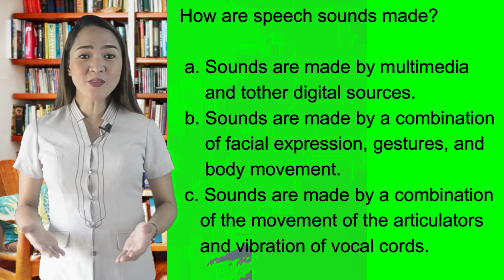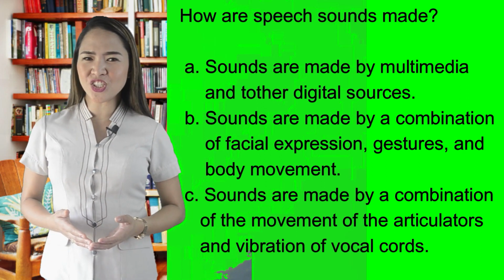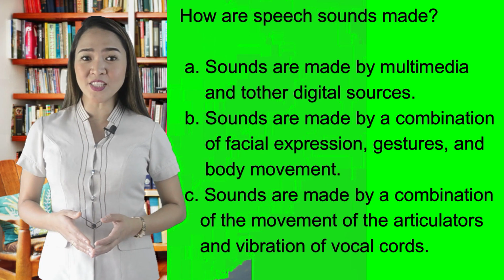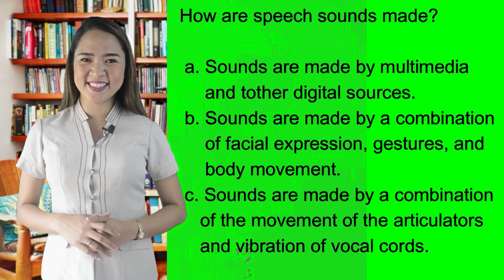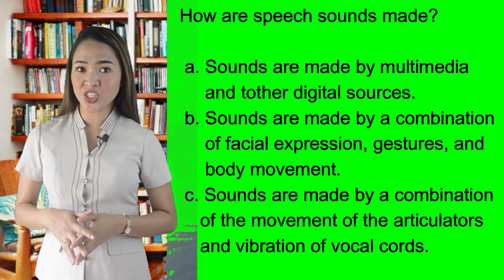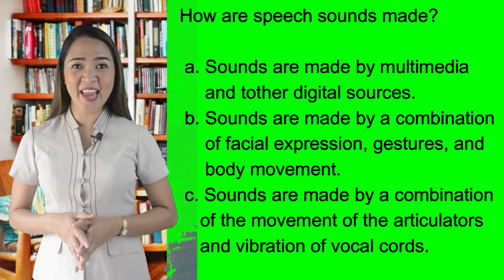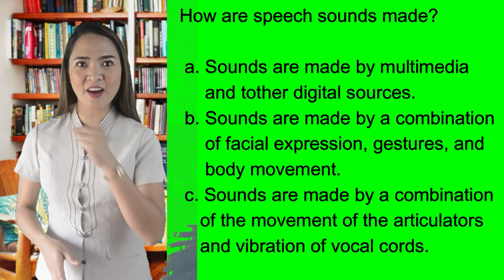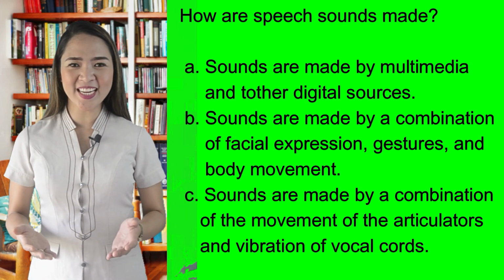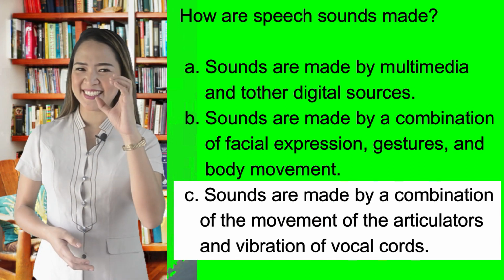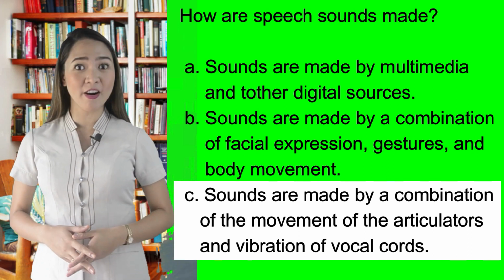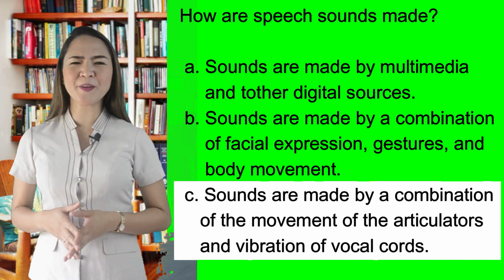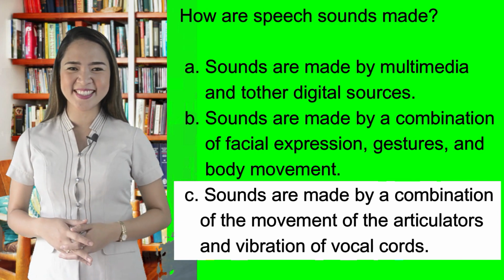C. Sounds are made by a combination of the movement of the articulators and vibration of vocal cords. For this question, what is the correct answer? You got it right. The answer is letter C. Sounds are made by a combination of the movement of the articulators and vibration of vocal cords.